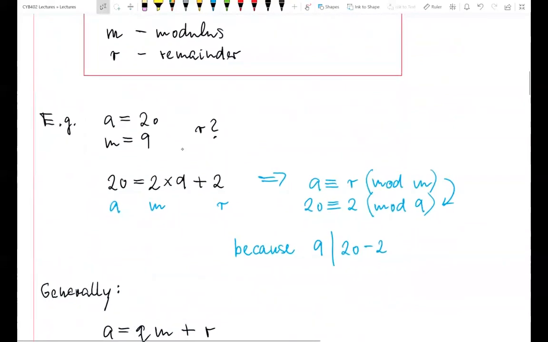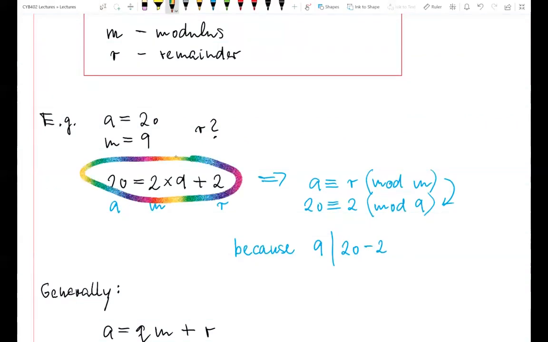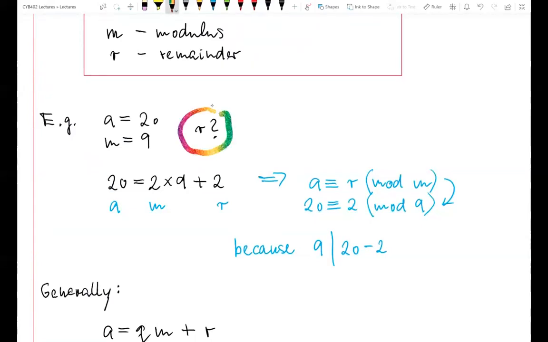Quick example here: a being 20, the modulus is 9. What we can write is that 20 equals 2 times 9 plus 2. So the remainder here is 2. You should convince yourself that we chose this 2 just big enough so that our remainder would be the smallest possible positive remainder.